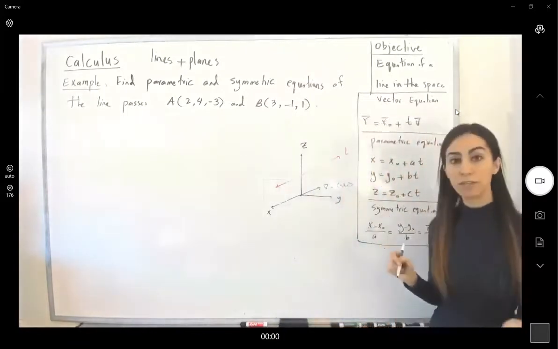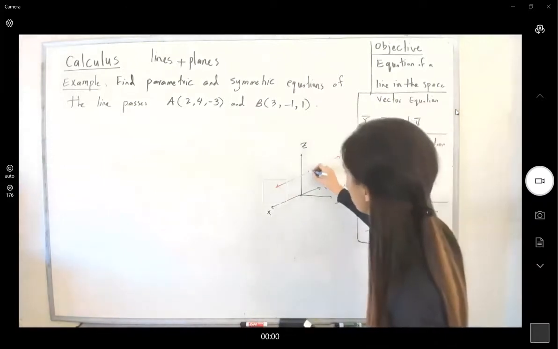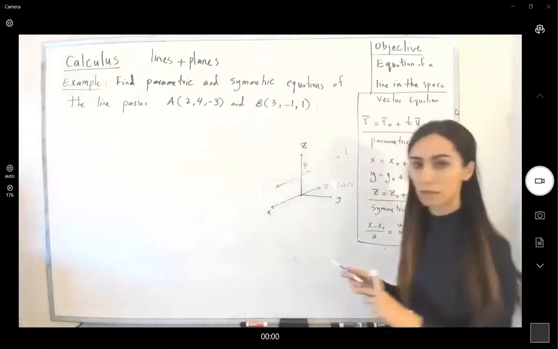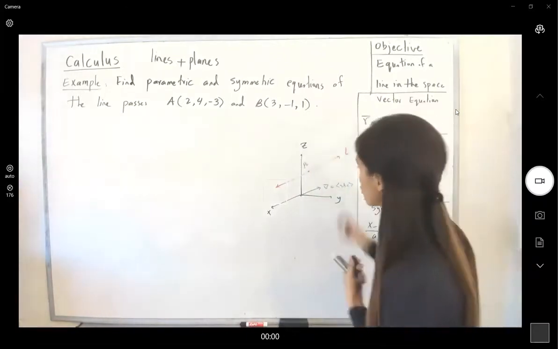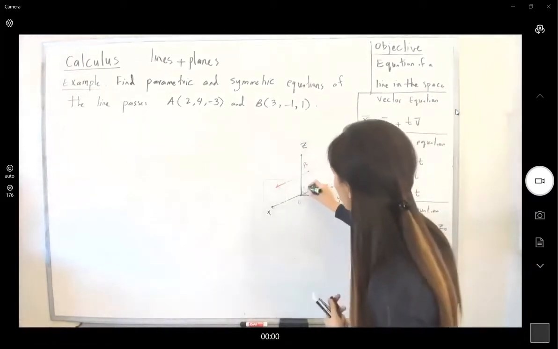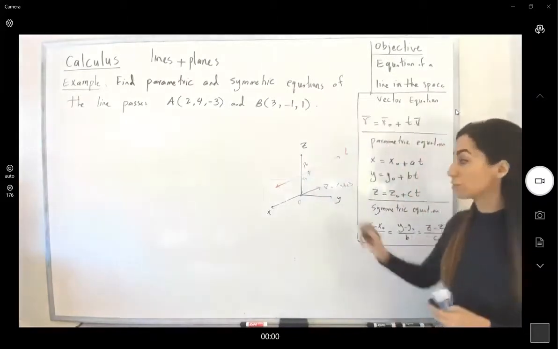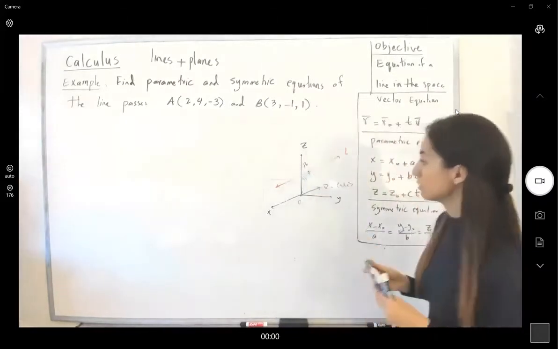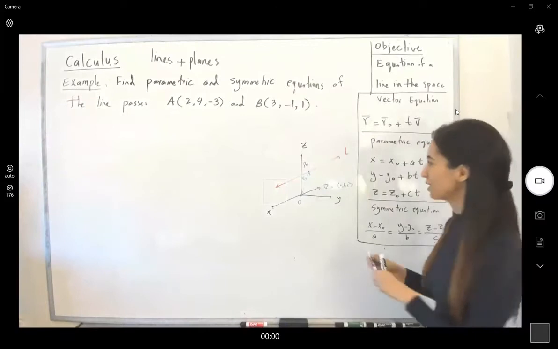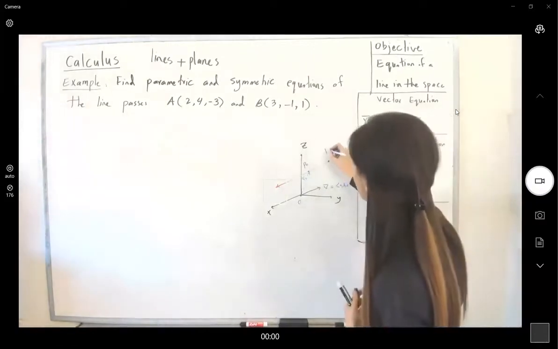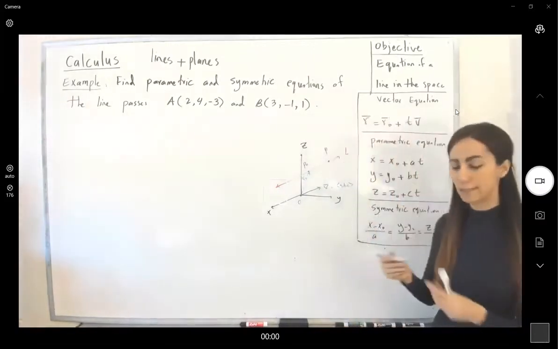The line is parallel to that vector, and we take 1 point, P sub 0, on the line. We construct the vector connecting the origin to P sub 0, we call it r sub 0. Then we take the second point P with coordinates x, y, z.